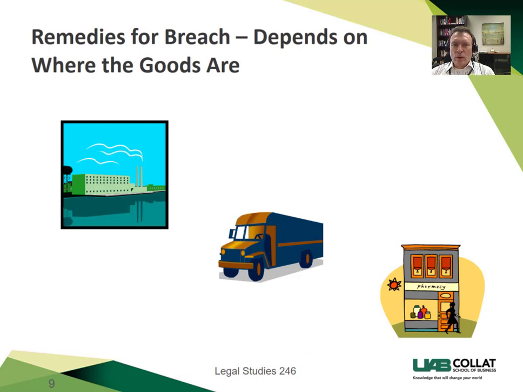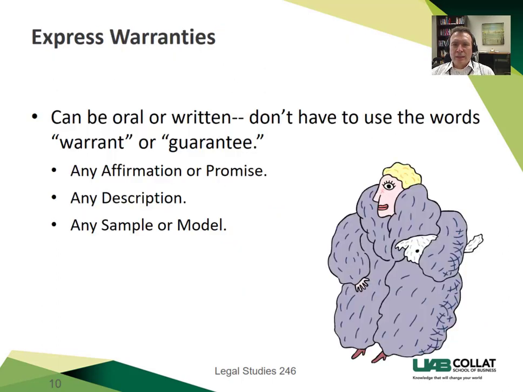We'll be looking at what are the remedies for a breach of a contract for sale of goods, and as we'll see, it often depends on where the goods are. As I said, we'll be looking at the special aspect of the Uniform Commercial Code on the sale of goods, and that is the warranties, the liabilities to the seller that can arise.